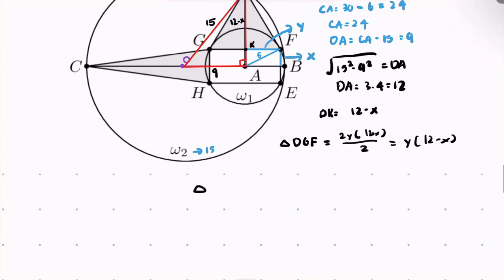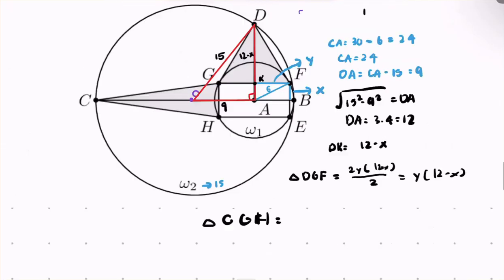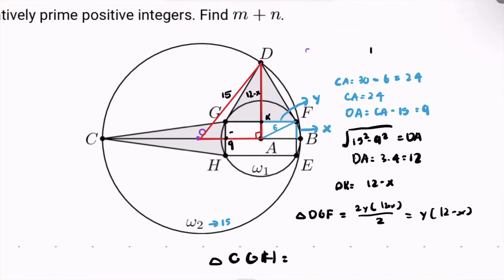Let's call this point J. It's going to be equal to CJ times 2x over 2, which is equal to x times CJ.